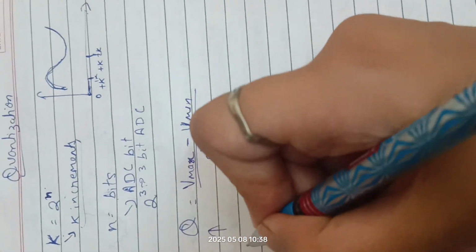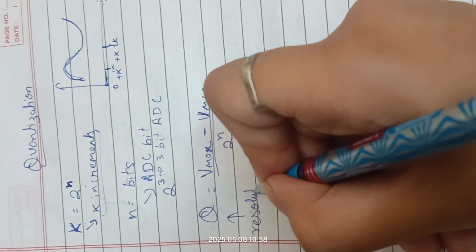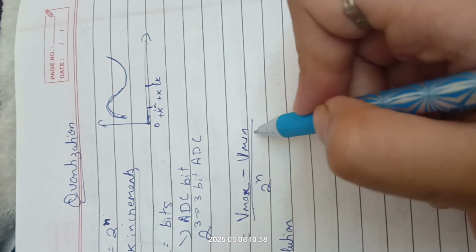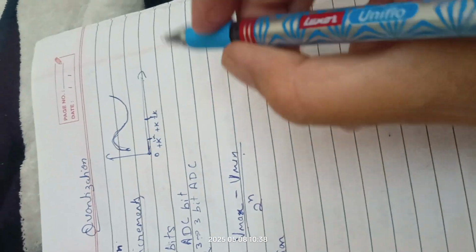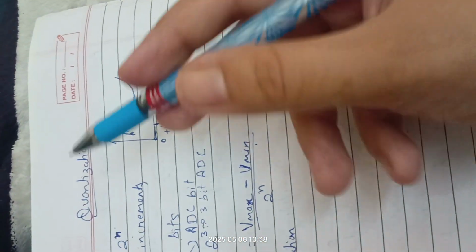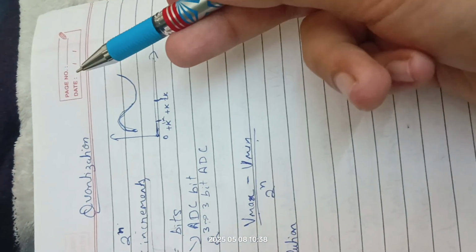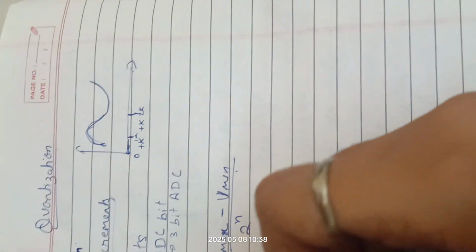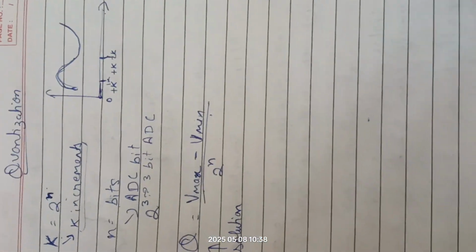So here Q is resolution, and V max and V min. I'm really confused if it's 2 raised to power of n or n raised to power of 2. Tell me in the comments. So Q is the resolution of V max minus V min.